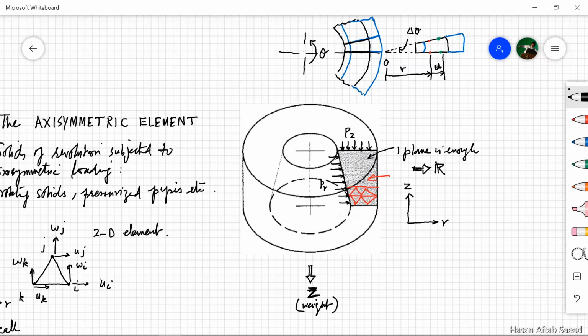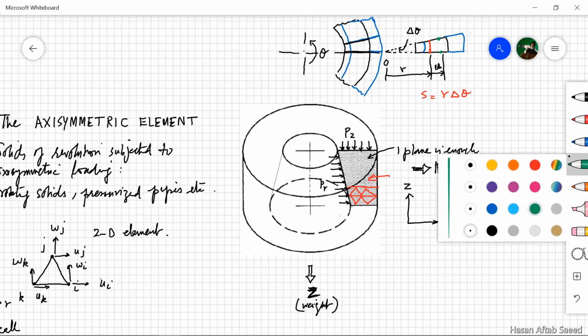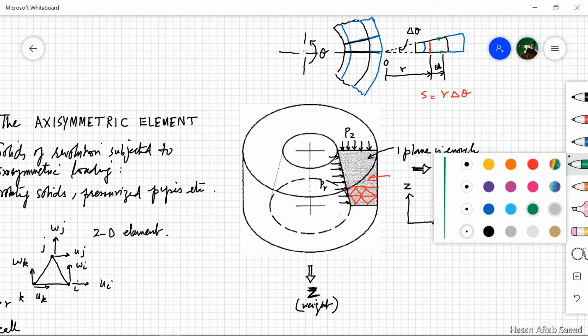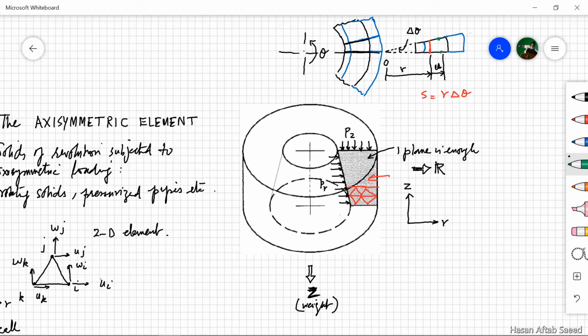Now the length of the arc in red before deformation is r delta theta. This arc is circumferential. Now the same 2 points occupy the position shown in green. So when that happens, this arc length becomes r plus u, times delta theta.